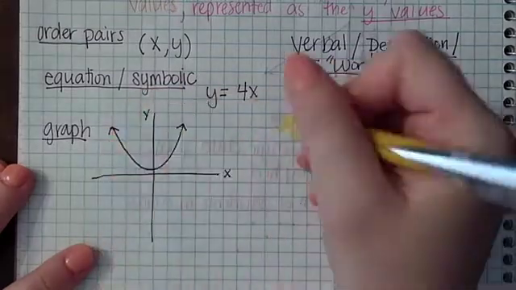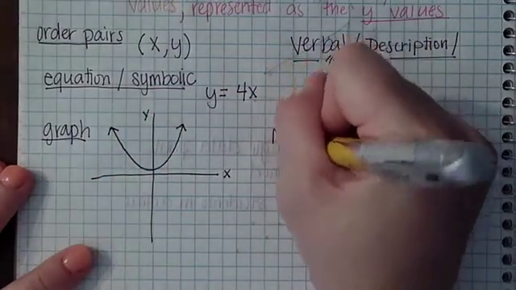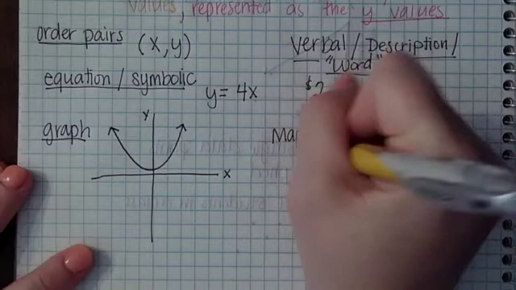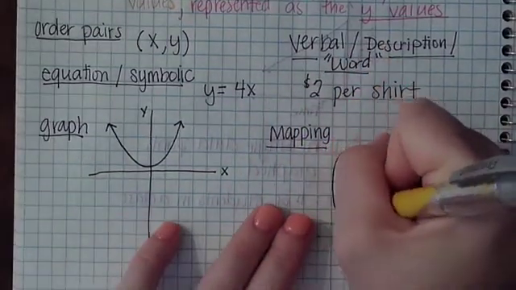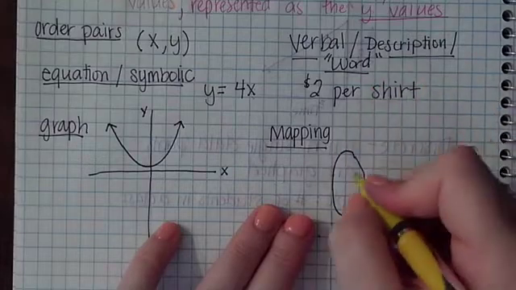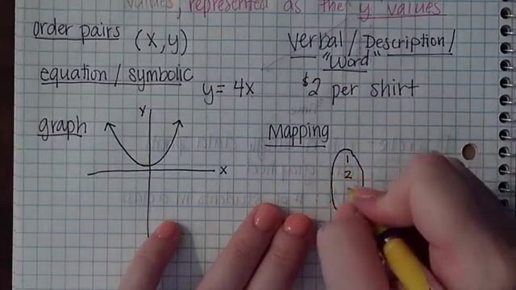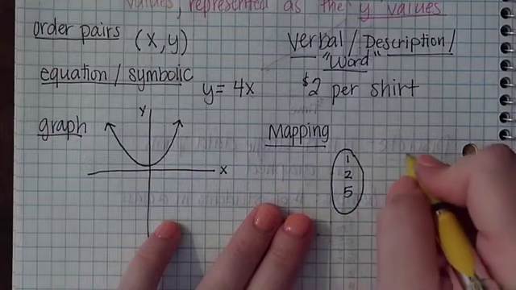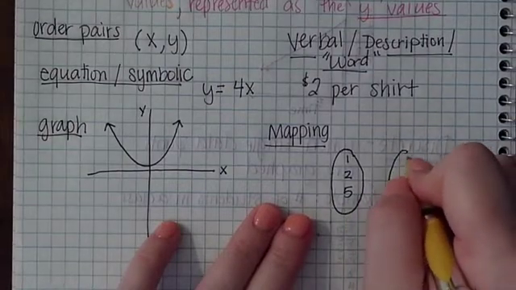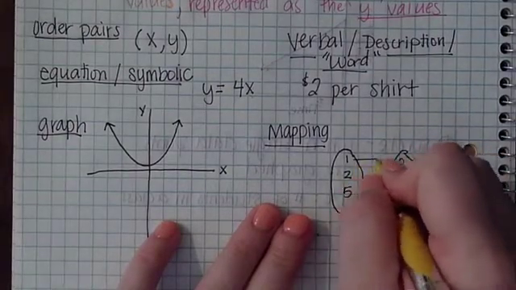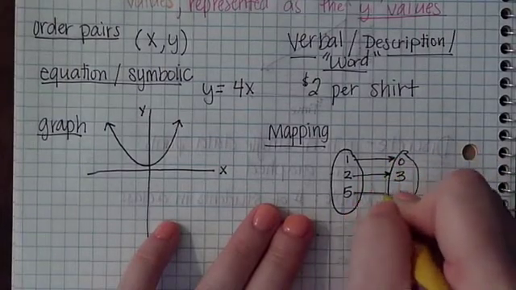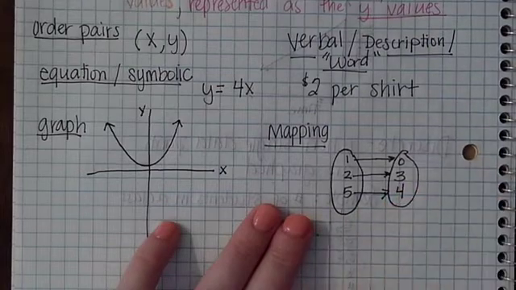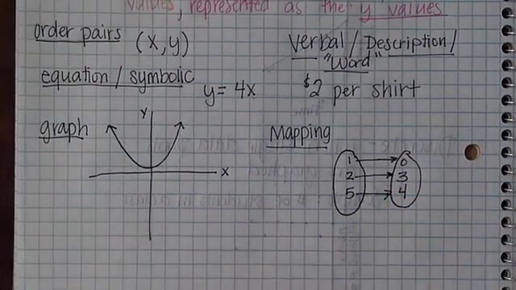Okay, we had the mapping, where you'll see it with arrows. So you might have like 1, 2, 5, and then over here you might have 0, 3, 4. And those are just random numbers that I made up in my head as I was going.